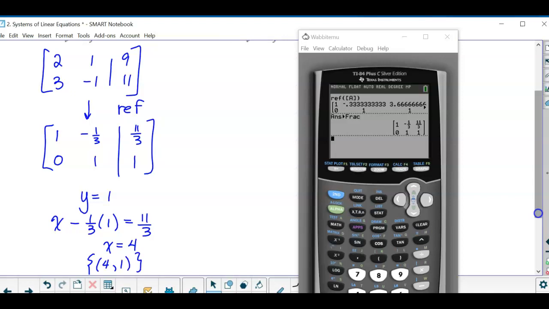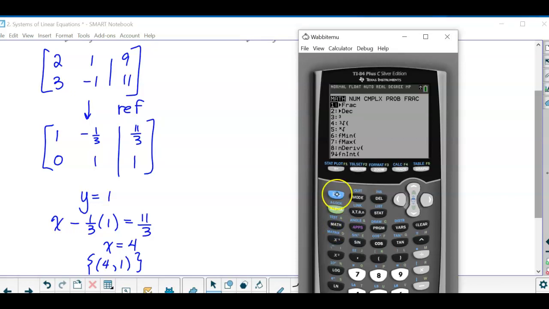Okay, now let's do the same thing with RREF. So second x to the -1, which is matrix, math, so a different math key. Then you can just go up, it's a little bit faster. And then for my matrix A, okay, and that will actually solve all the way.